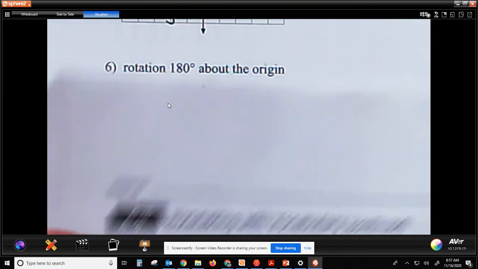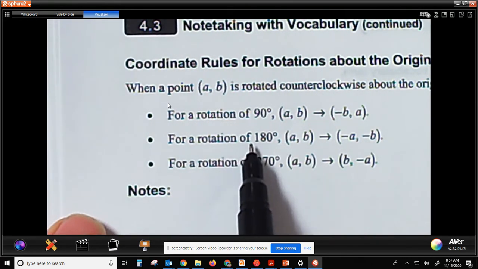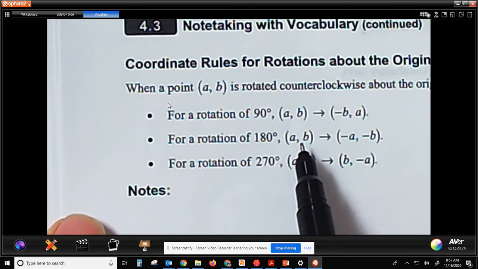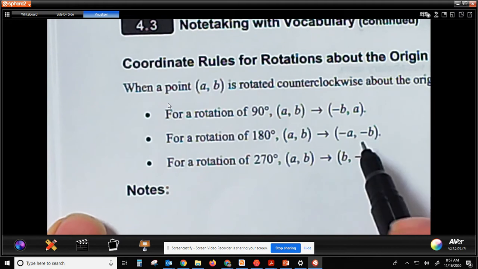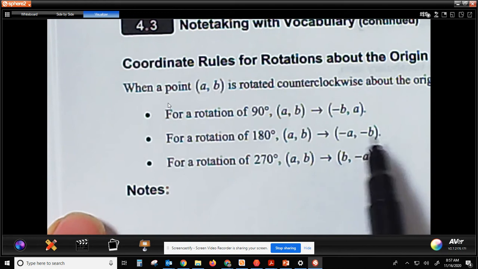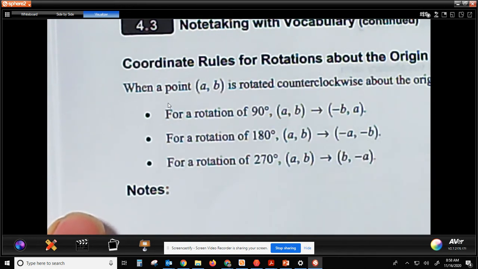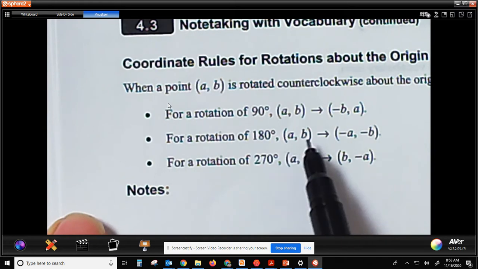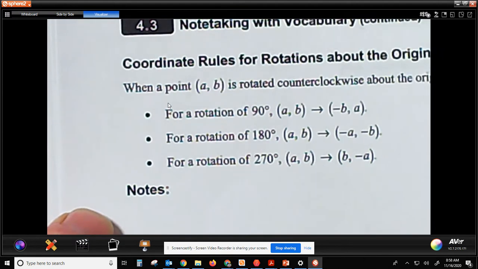So I get out my rules. These help me if I'm that book learning type. If I need a written rule for a rotation of 180 degrees, any coordinate AB will become negative A, negative B. The X and Y will switch positions in the transformed coordinate, and they will have a sign change. That's what's meant by the negative. Whatever the sign of X and Y are, it's going to change for the transformed coordinate.